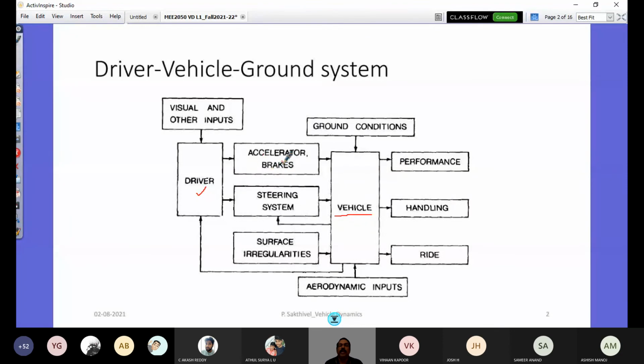So the acceleration or brake is from the driver. Of course, when you use both of these, the steering system is what has control of your vehicle, right? So the steering system is necessary so that the vehicle can be driven straight or be required to turn. So the driver in hand has these controls, and these controls are giving the necessary input to the vehicle.